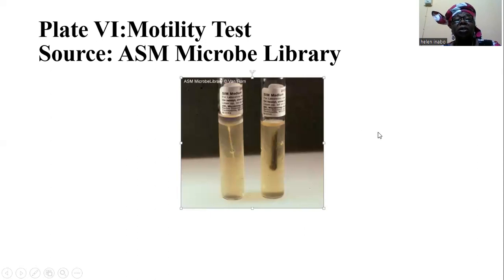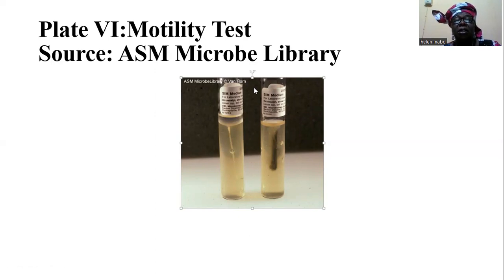Here is plate 6 showing the motility test. The procedure involves inoculating the test organism with a fine stab along the soft or semi-solid medium.